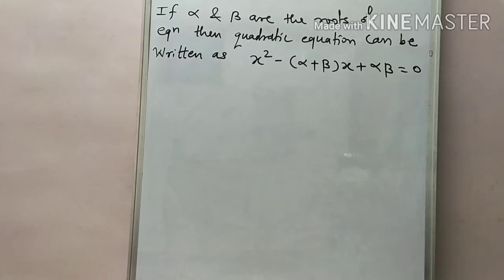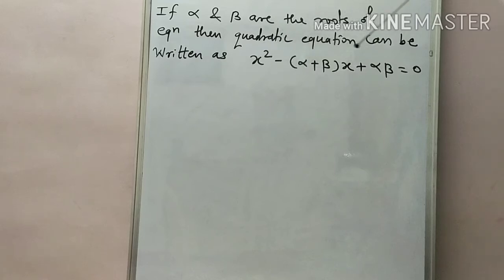Before we start practice set 2.5, there is one more part remaining. If alpha and beta are the roots of an equation, then that quadratic equation we can write as x square minus in bracket alpha plus beta x plus alpha beta equal to 0.